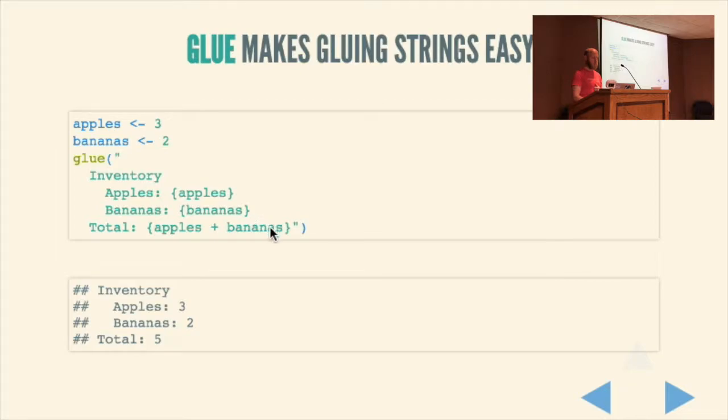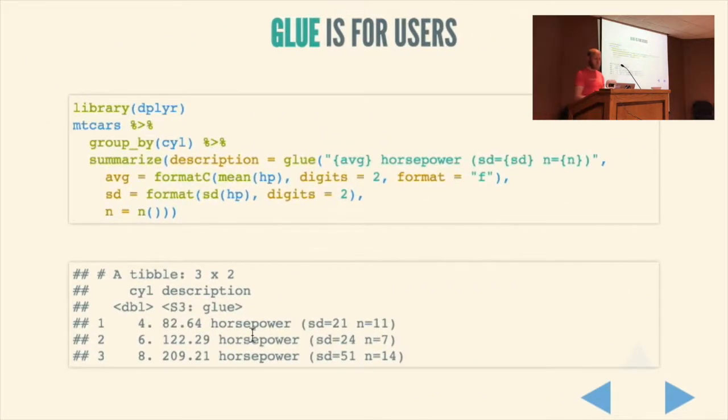We're inserting the apples and the bananas, and then you can also do arbitrary expressions, so it's not just interpreting a specific variable. You can have an arbitrary expression, such as apples plus bananas. Then you can see we get the same output as the other two examples.